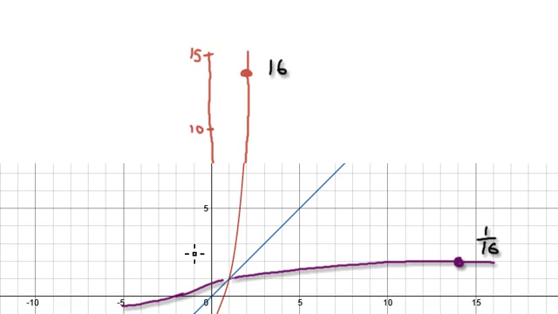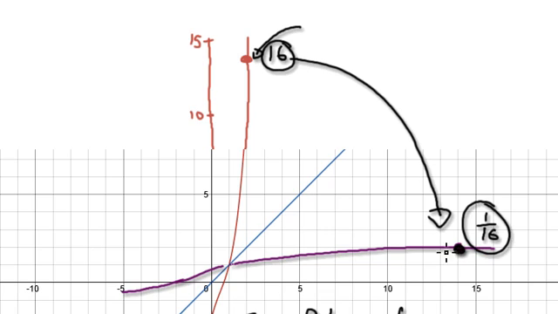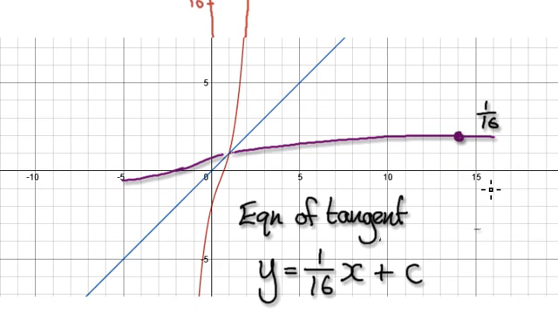Now that you know the gradient here is 16, the gradient at this point will always be the reciprocal of this. So the gradient of the tangent here will be 1 over 16. The equation of the tangent line is y equals mx plus c, where this is your gradient.